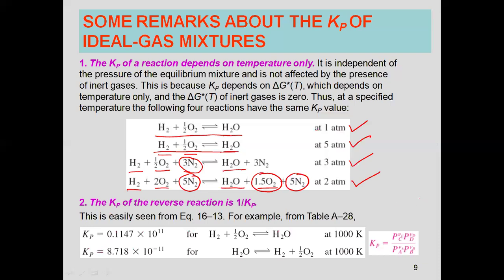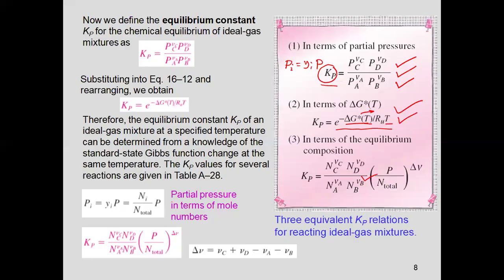Since the total pressures are changing, it may confuse you that the Kp value may change, because Kp directly depends on partial pressure. But we know that it depends on temperature only, and since the temperatures are the same, the Kp values will be the same, irrespective of the presence of inert gas or the total pressures being different.